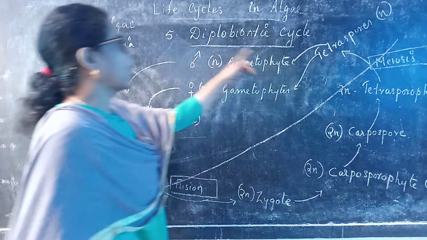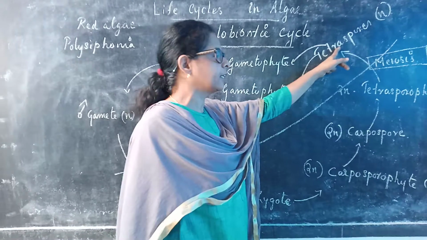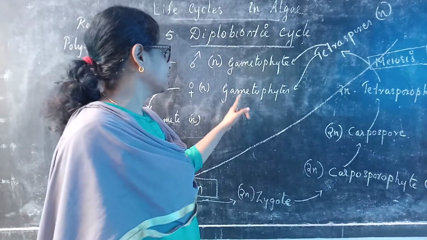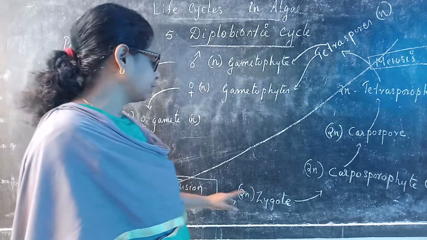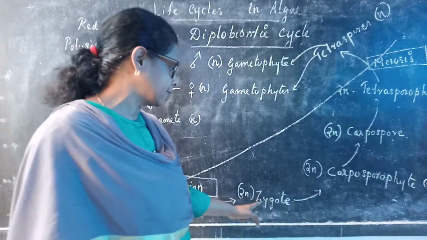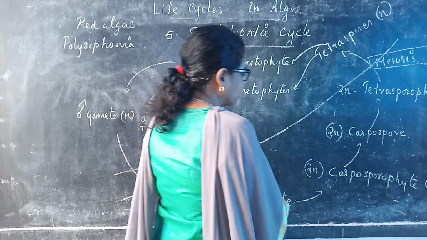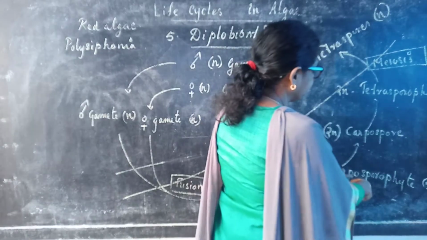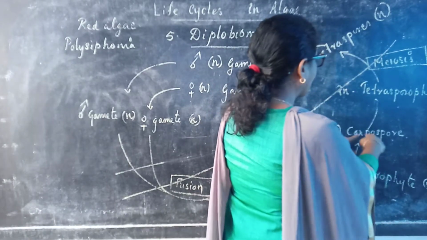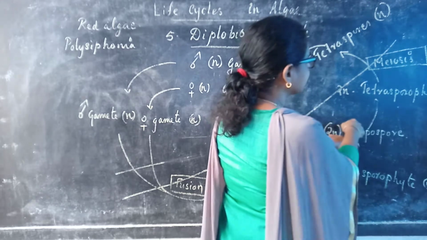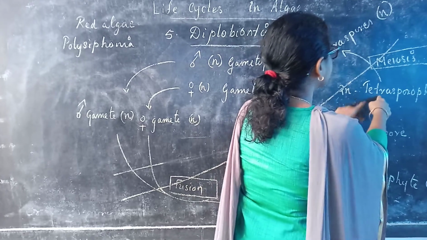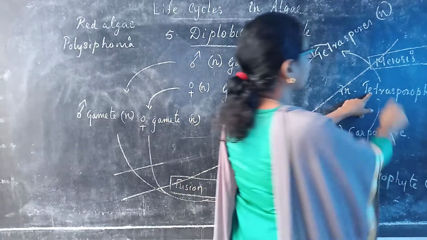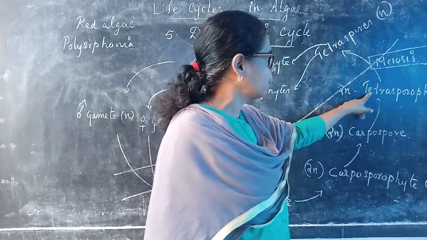So this is the haploid phase, starting point tetraspore that germinates to give gametophyte, and that gives gametes, and gametic fusion restores diploidy, that is the zygote, and the zygote gives rise to carposporophyte, which is the first sporophyte, and carposporophyte reproduces by diploid spore carpospore, which on germination gives the second diploid sporophyte, that is tetrasporophyte.